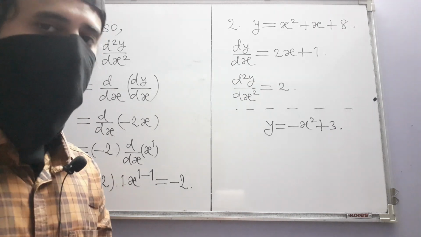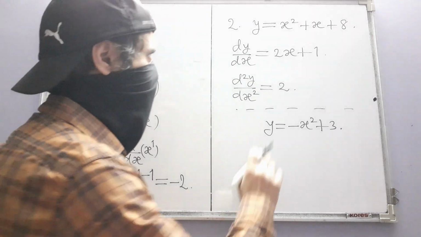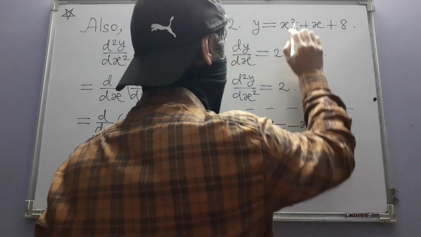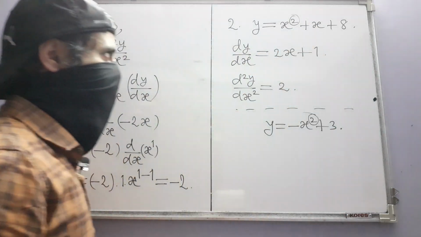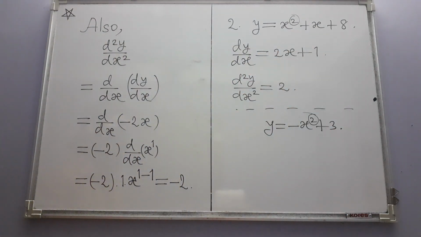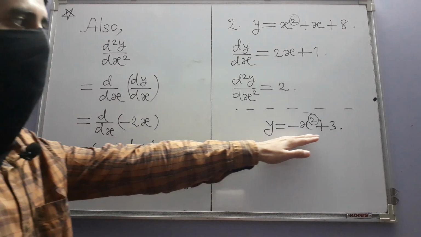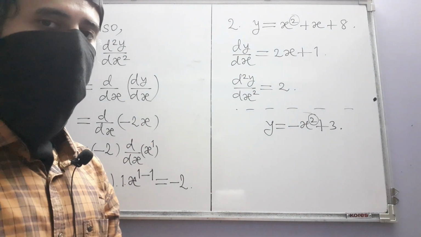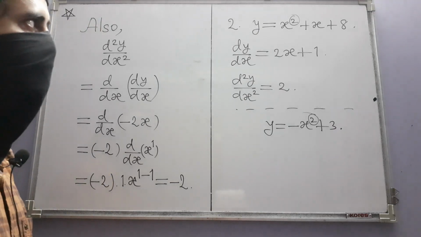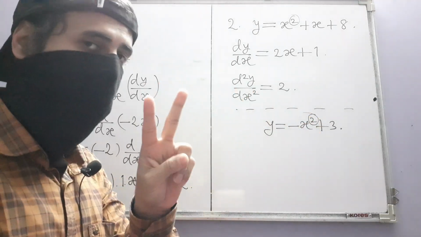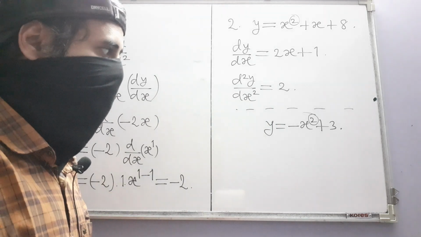But what is special about that? Note that both of these are quadratic polynomials. The largest exponent of x that appears in these polynomials is 2. When you differentiate a quadratic polynomial 2 times, you get a constant.